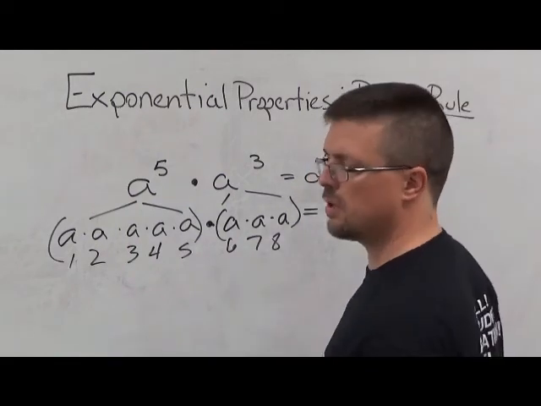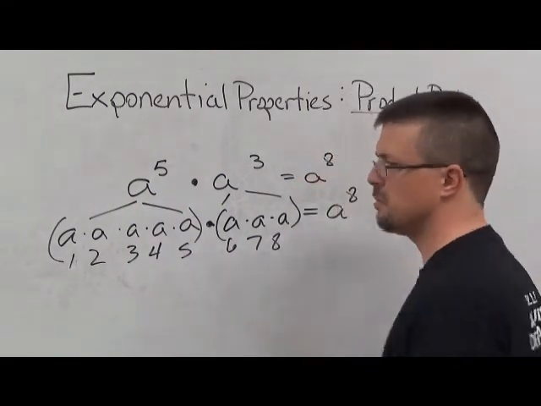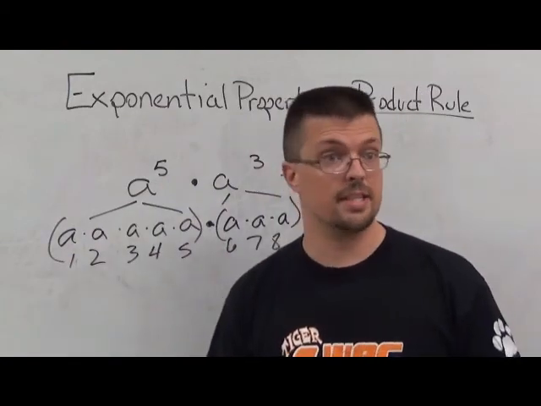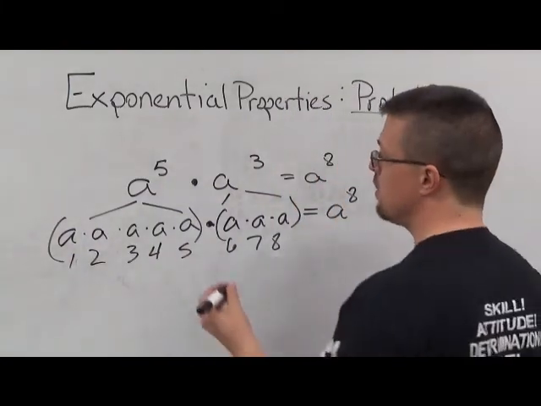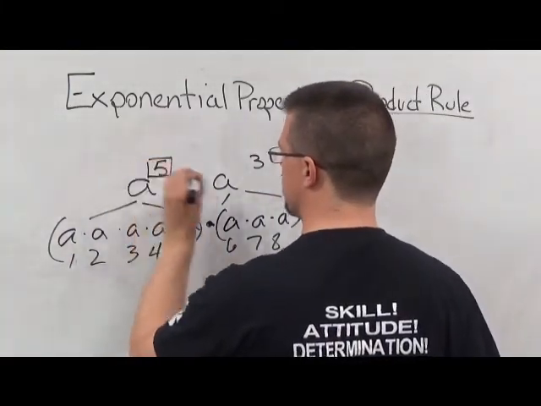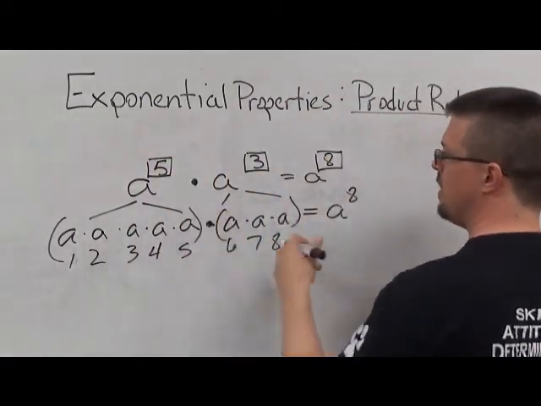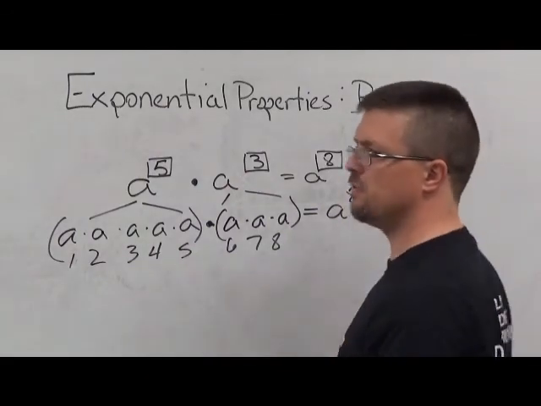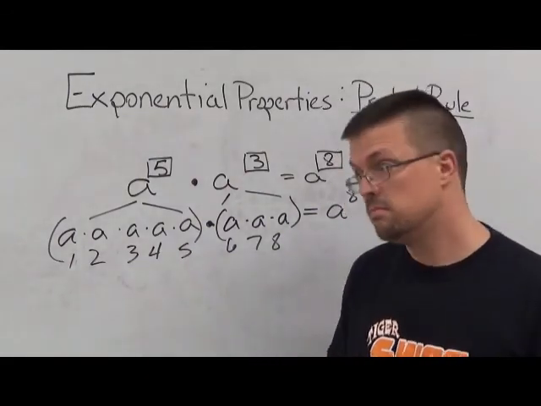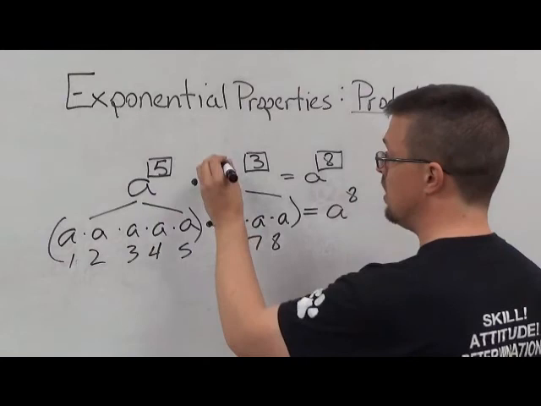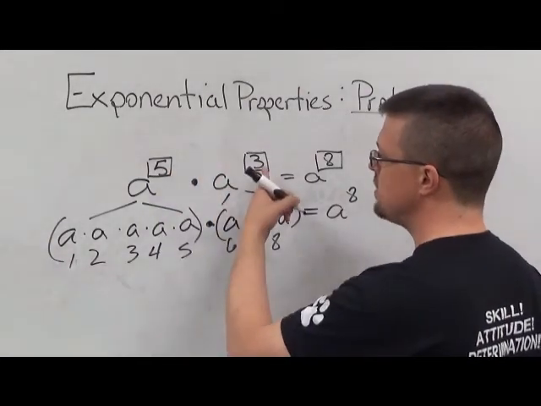Now this time I want to have you see something. You can always rewind back and look at our last example and see if this is true there. Look at our exponents here. You had 5 a's, 3 a's. What can you do to 5 and 3 to make 8? Add them. So we could add these two together and get 8.